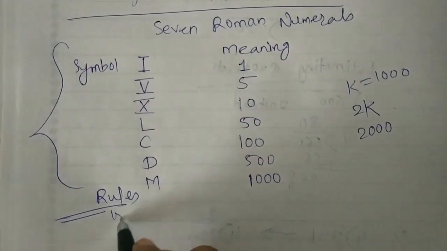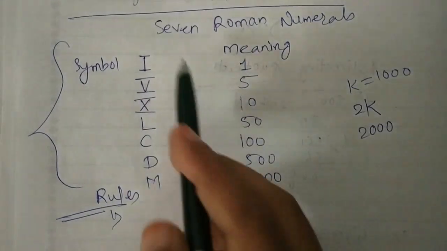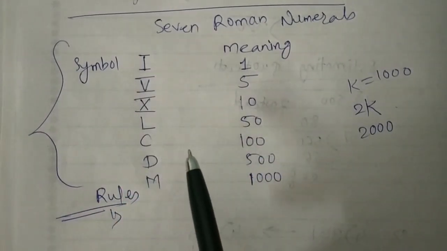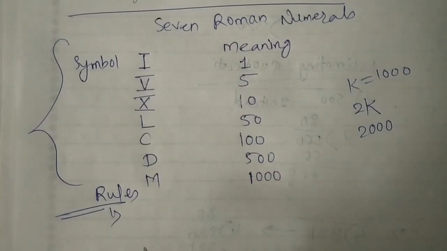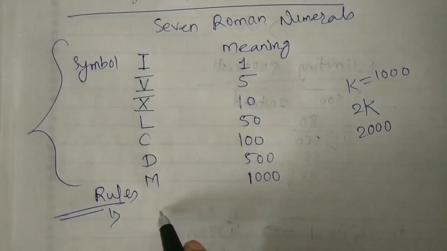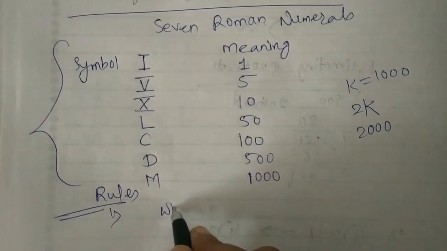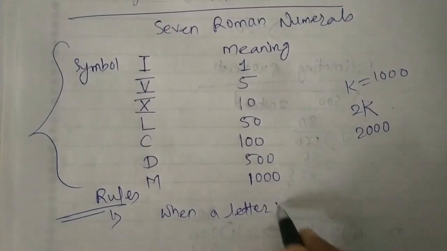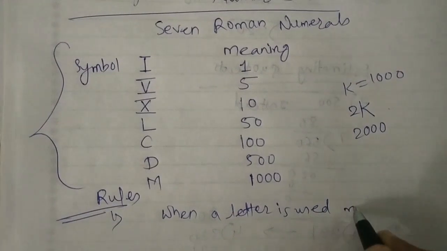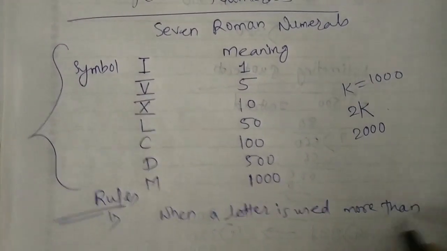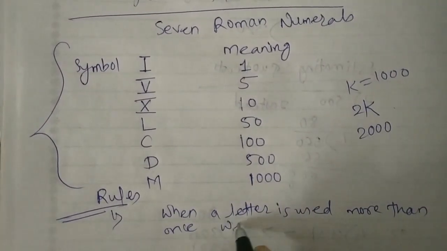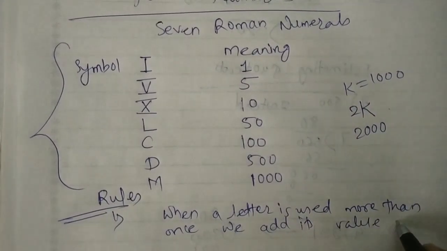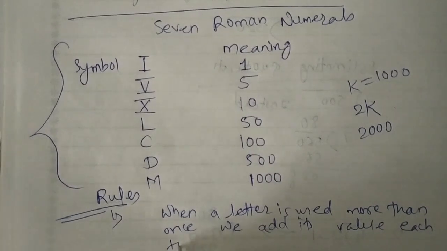Rule 1: when any letter is used more than once, we add its value each time to get the number.